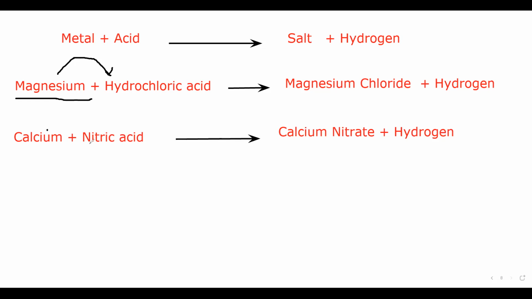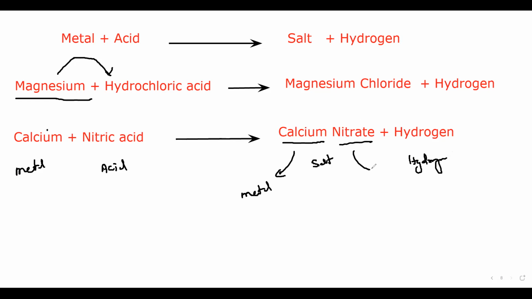So calcium is a metal here and nitric acid is the acid. So metal plus acid, what does it result in? It results in the formation of salt and hydrogen. So how to identify the salt? The salt will have two parts. The first name of the salt contains a metal and the second name is from the acid.